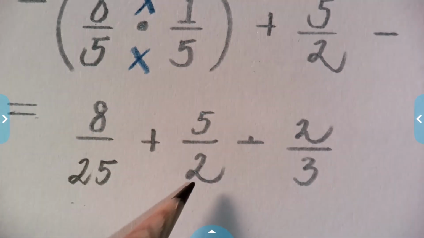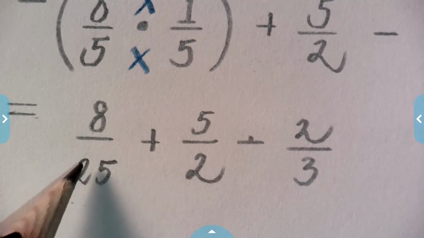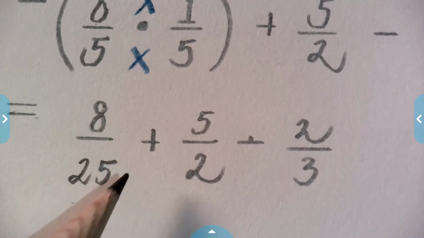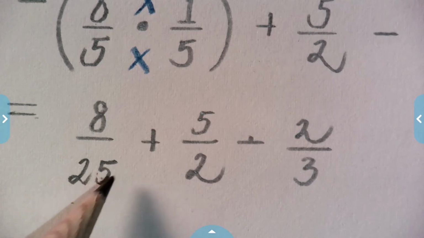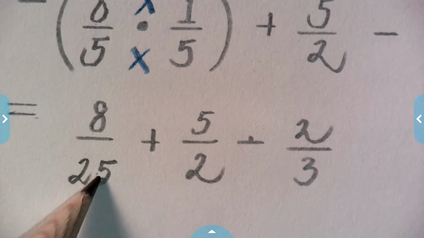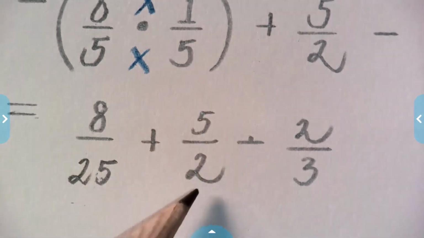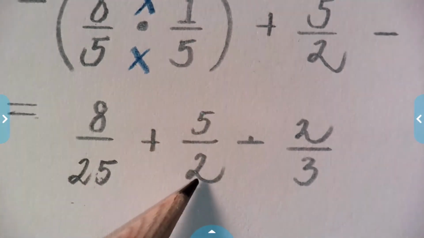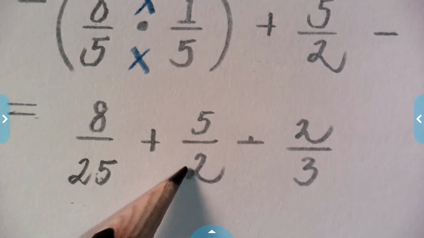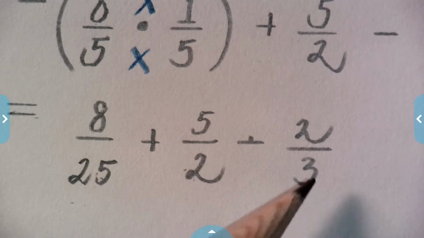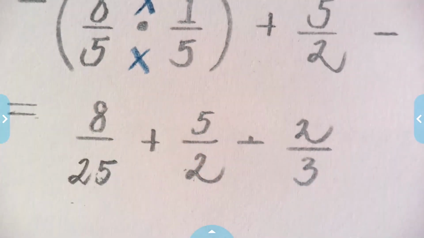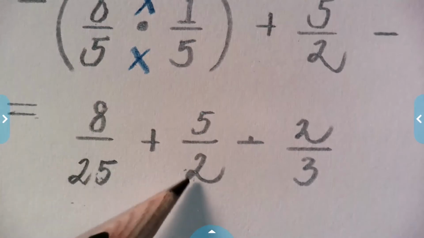And because of this 2 right here, think about 25 for a second. Think how it works, the multiples. 25, 50, 75, 100, 125, 150, 175, 200. Well, 2 multiplied by anything will never end in a 5. Never, never, never. All right? 3 can end in a 5. Just think about 3 times 5. That's 15. Okay? But 2 will never end in a 5.